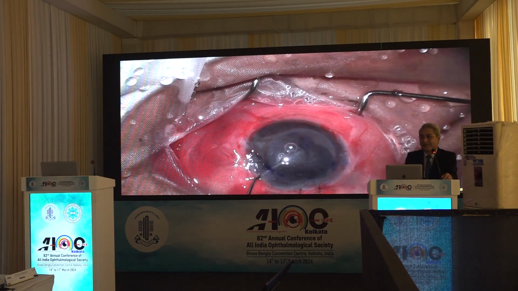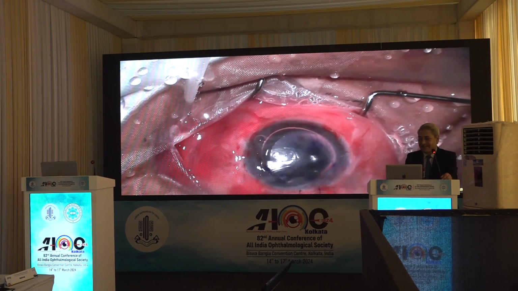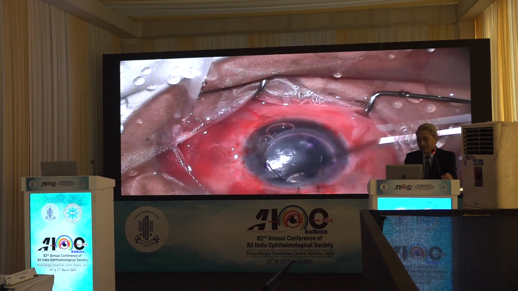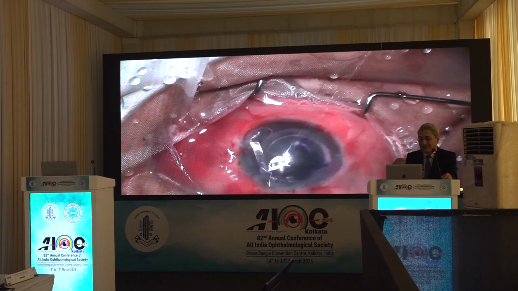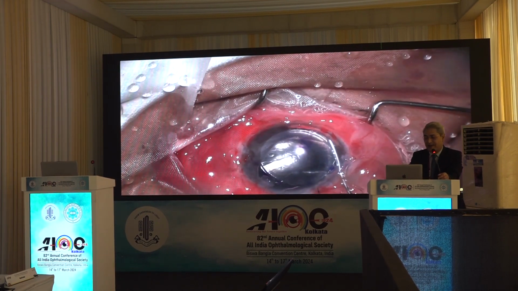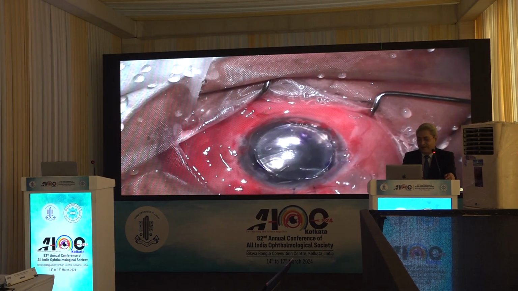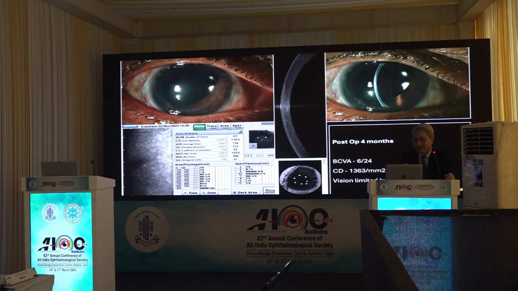So you probably can never do it again. It is just an accidental rescue, and then usually you put sutures and give sufficient AR tamponade. After all this manipulation, this patient is doing good, 6/24 vision with 1300 cell count and all.